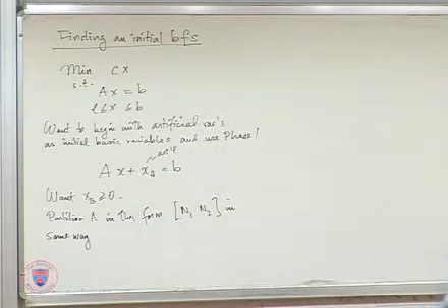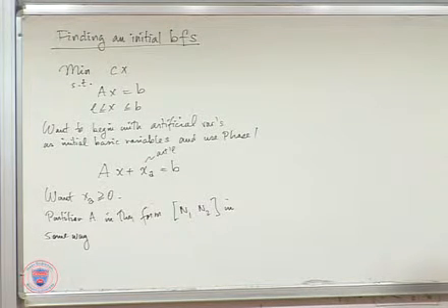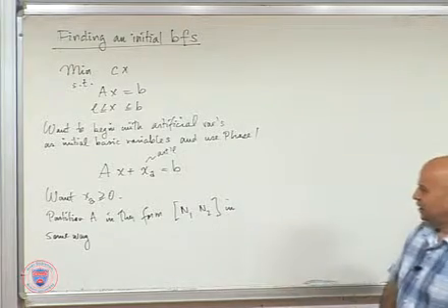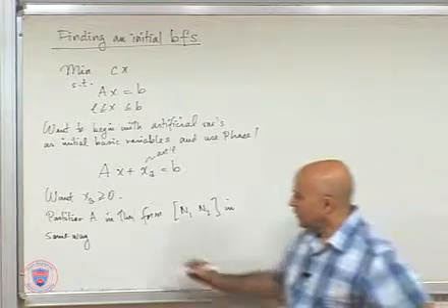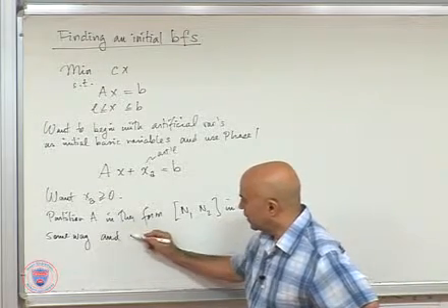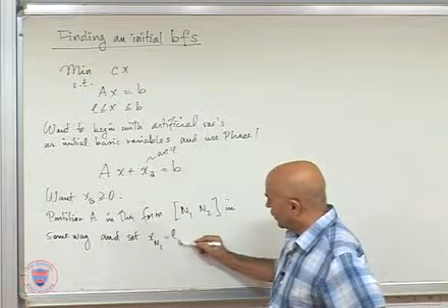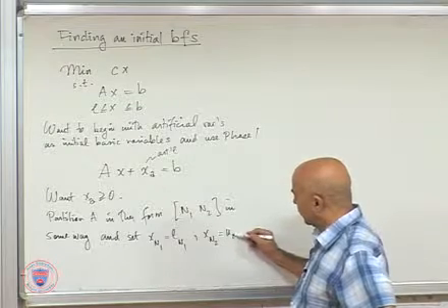Just partition in some way. Whichever ones you want to put at the lower bound, put them at the front. The other ones will be at the upper bounds, okay? And set x_N1 equal to the lower bounds, x_N2 equal to the upper bounds, okay?